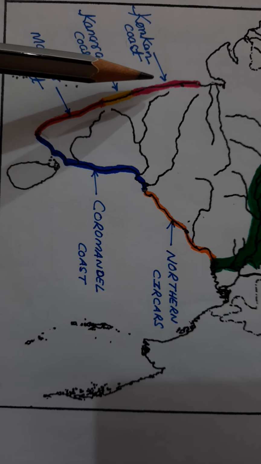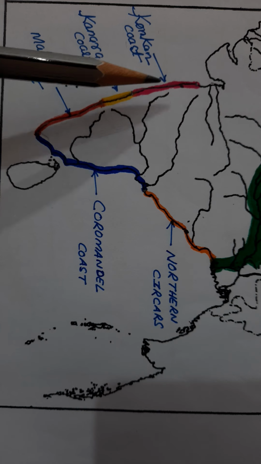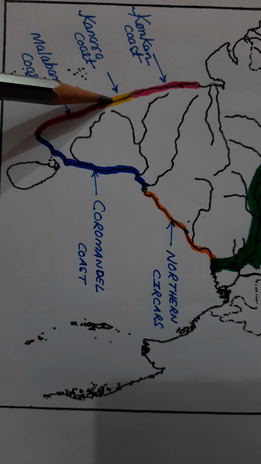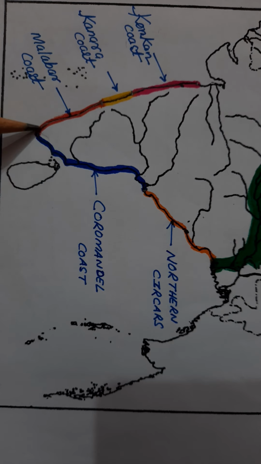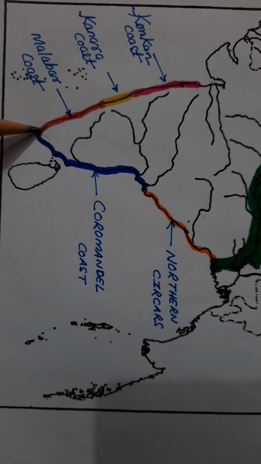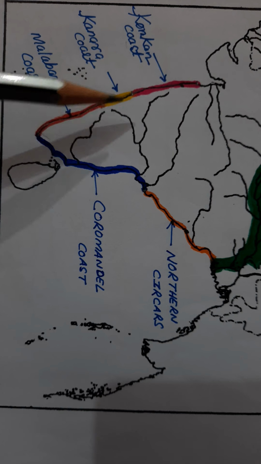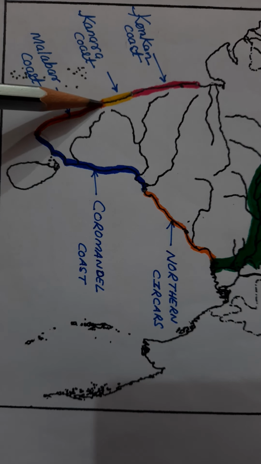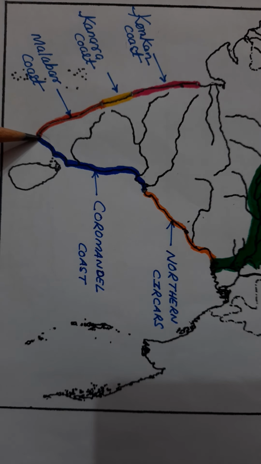Its northern part is called Konkan, and the central stretch, yellow shading, is called the Kannada coast, while the southern part is called the Malabar coast. So remember these three coasts which are in your syllabus: the Konkan coast, the Kannada coast, that is the coastal area of Karnataka, and the coastal area of Kerala, called the Malabar coast.